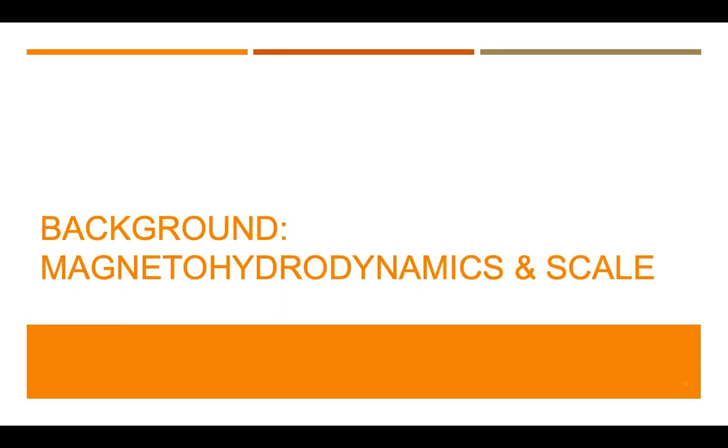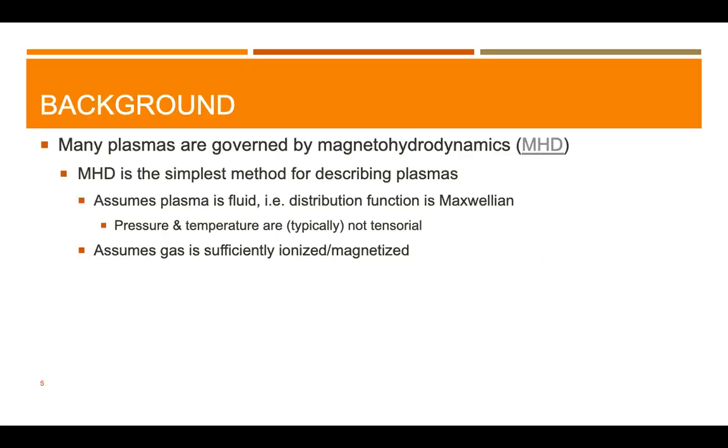So diving right in. Magnetohydrodynamics and scale. Magnetohydrodynamics is a set of equations that a lot of plasmas are governed by. It's not the only way that we can describe plasmas. It's actually the simplest method that we have. We assume the plasma is a fluid, i.e. the particle distribution is Maxwellian. The temperature and pressure are typically not tensorial, though they can be, which means that you can have different temperatures and pressures perpendicular versus parallel to the magnetic field.